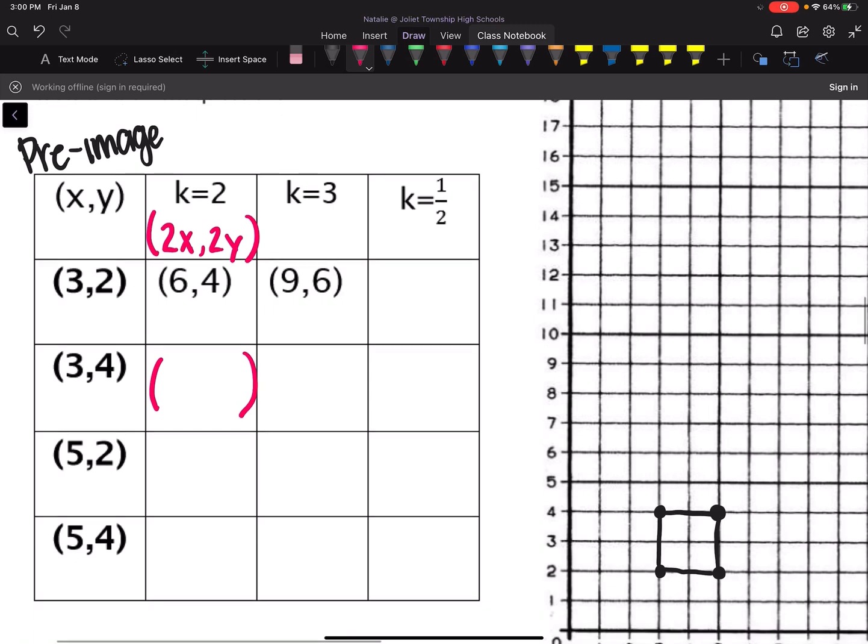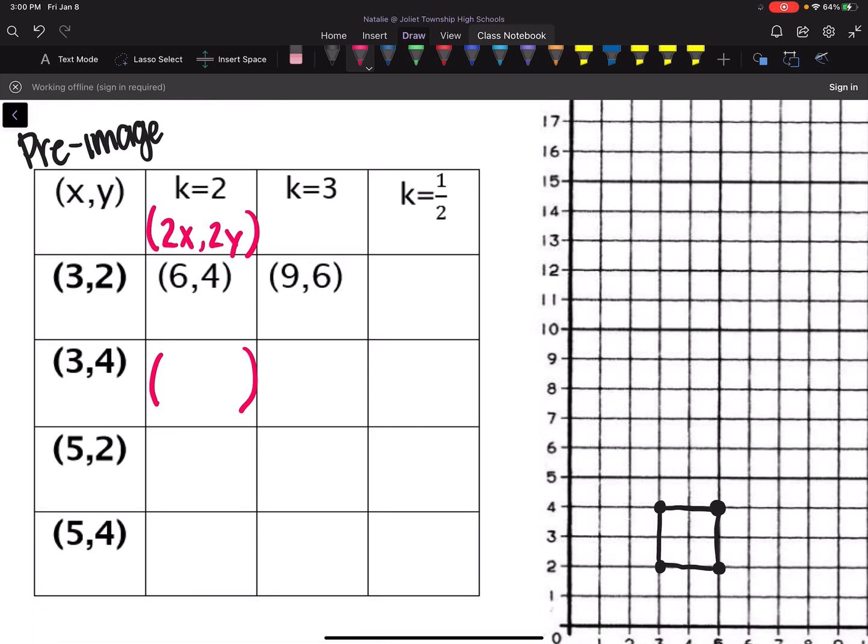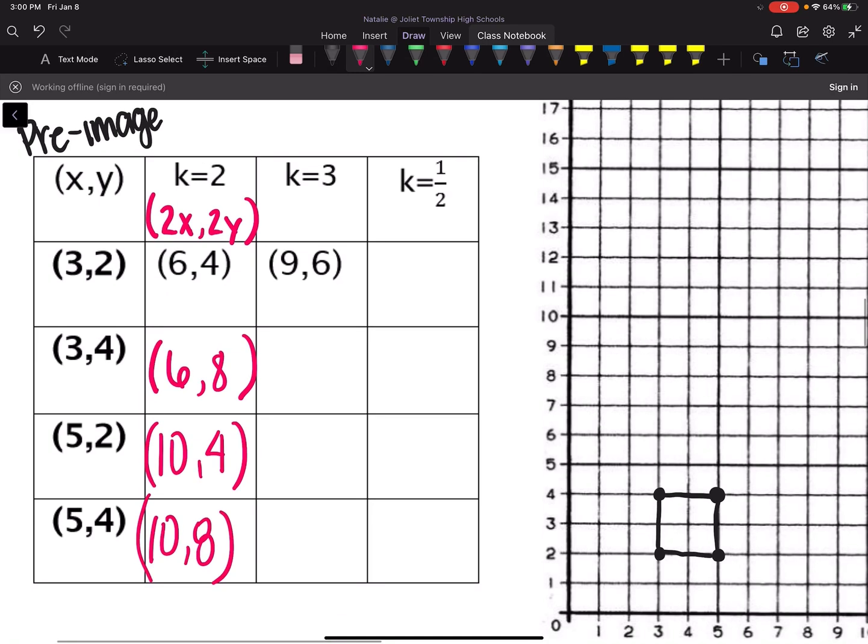You can choose to pause the video at this point and calculate the rest of the coordinates, or you can just fill it out along with me here. All I'm doing is applying my rule of that scale factor of 2 and multiplying the pre-image coordinates by that scale factor.